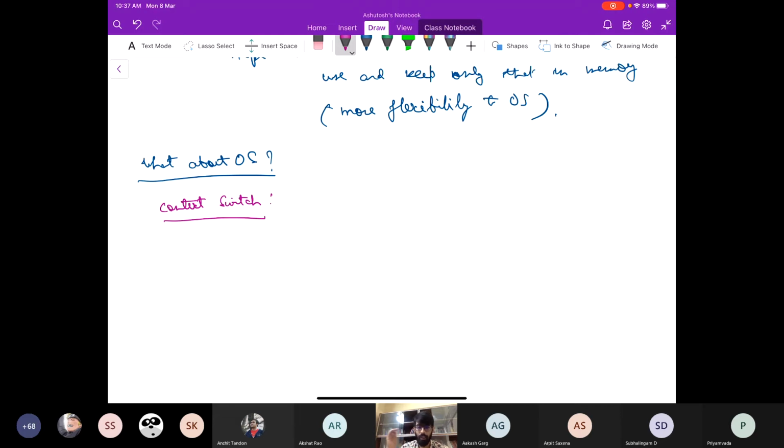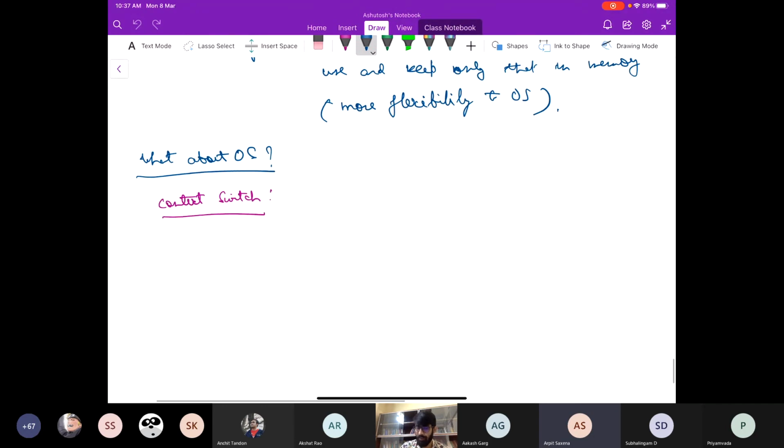When the OS wants to stop one process and run another, what does it need to do? Go ahead, Arpit. It needs to save all these different base and bounds registers and all this information about the segments. Yeah.